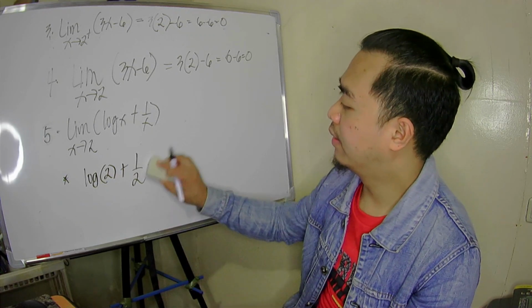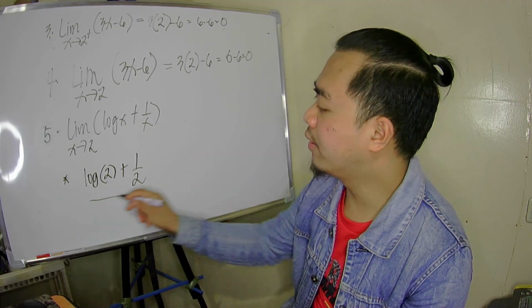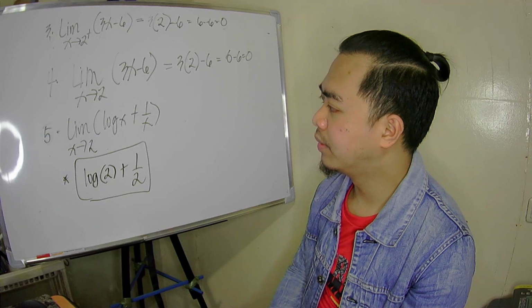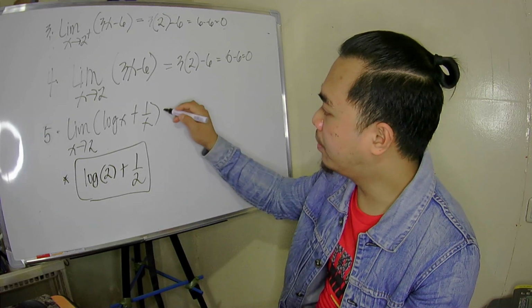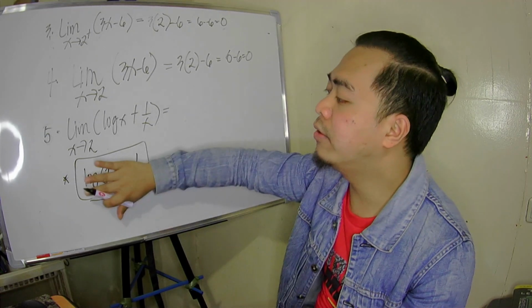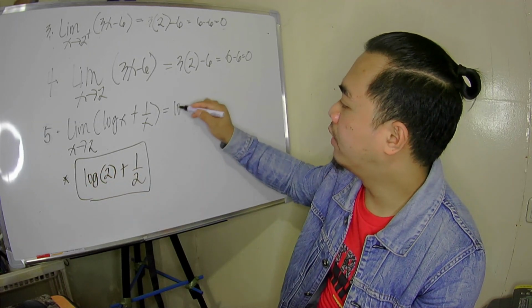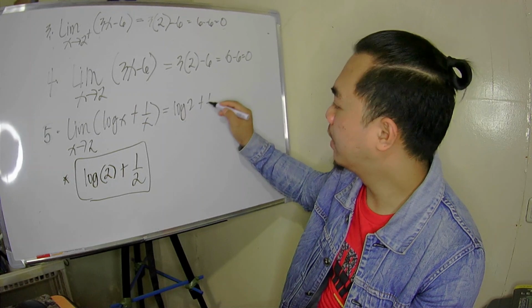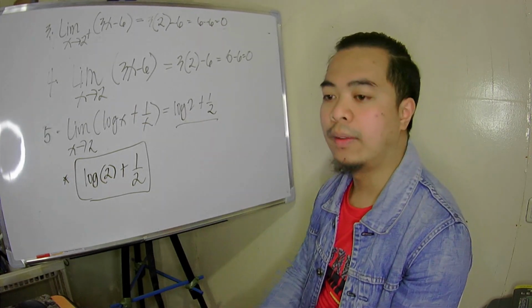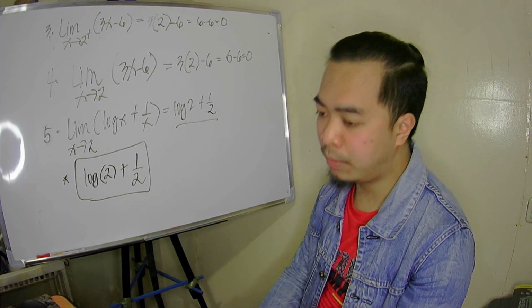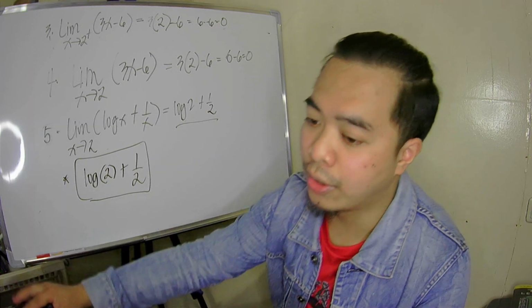Anyway, is this a constant? Is this already a constant? Is this a value? Yes, di ba? So, actually, pwede na natin ilagay, kasi value na yan. Walang problema dyan. So, we have logarithm of 2 plus 1 half. Kapag sa decimal yung ilagay natin, that would be just an approximation.